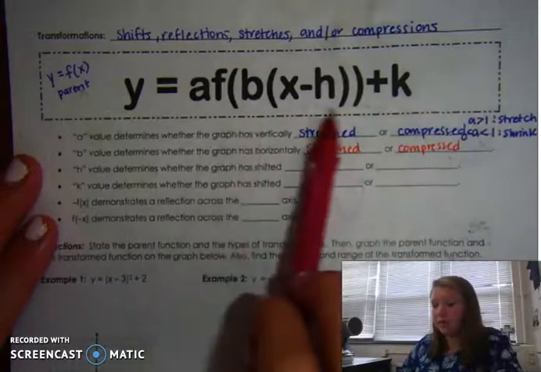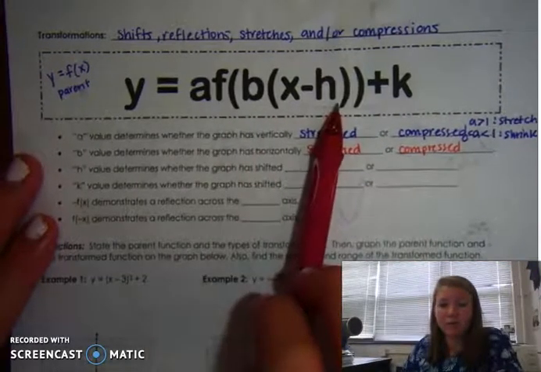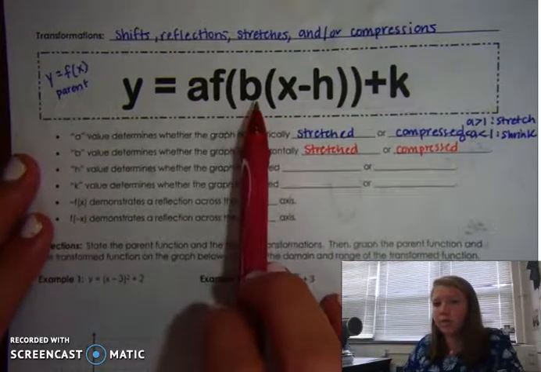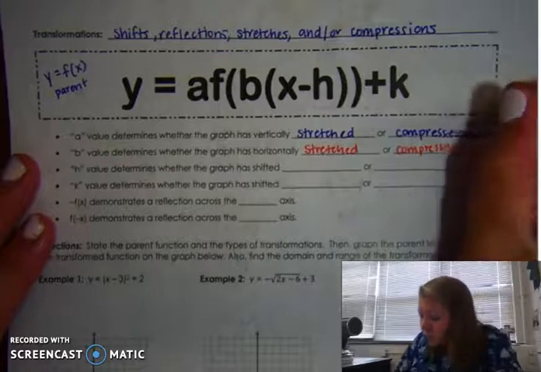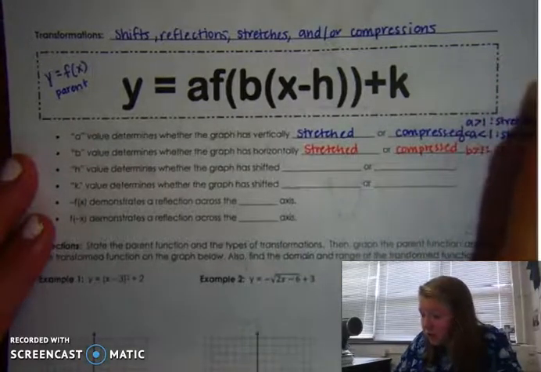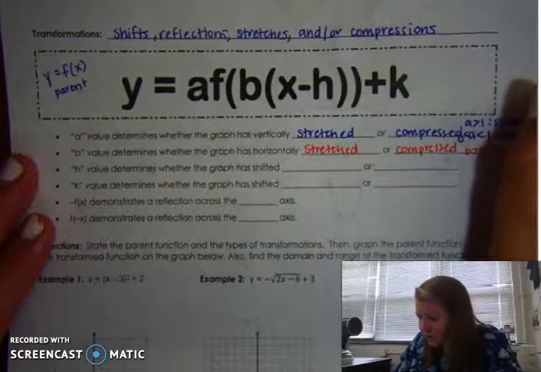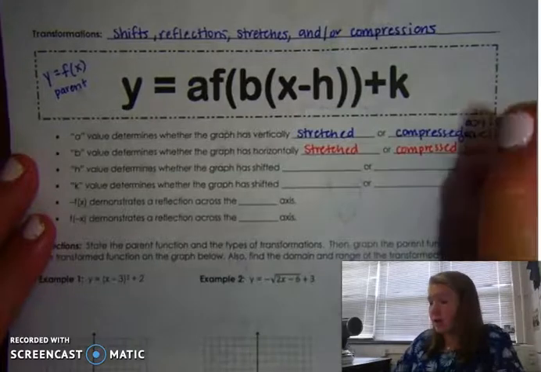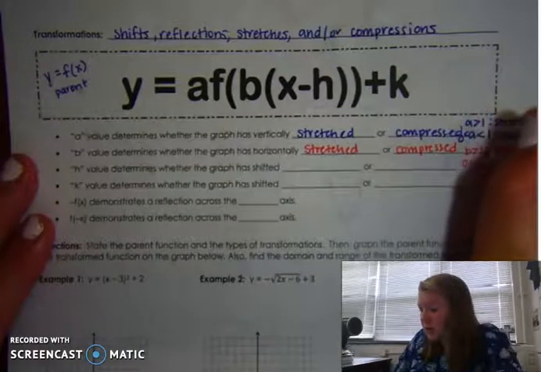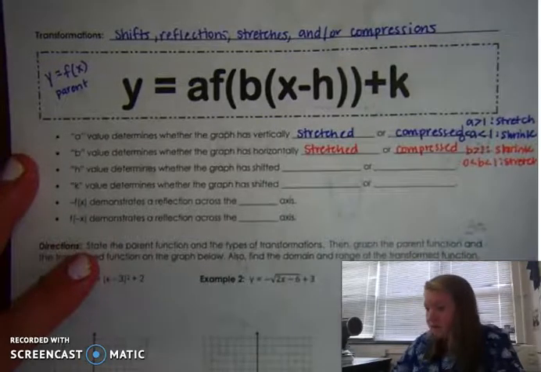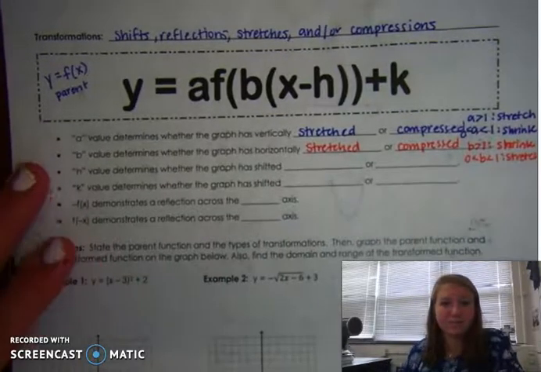But everything that we see happening here is going to be opposite of what would make sense in our minds. So if the b value is greater than 1, that's going to be a stretch. No, a shrink. Sorry, I messed up. The shrink is going to be greater than 1. Okay? But then the stretch is going to be anything between 0 and 1. So it basically flips. The idea flips there.